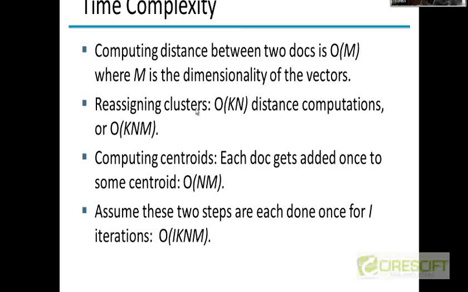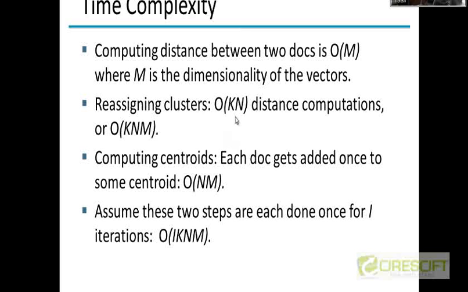Reassigning clusters would take time order k times n. Why? Because each document would be potentially reassigned. So each document will compute its distance to all the k clusters or all the k centroids. And computing one single distance takes time order m that we just saw. And how many distances will it need to compute?